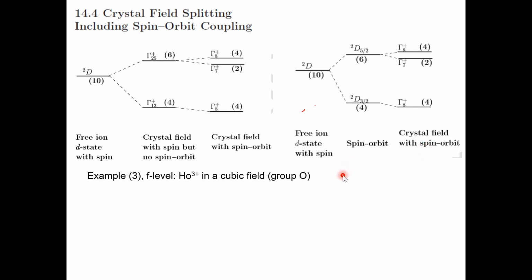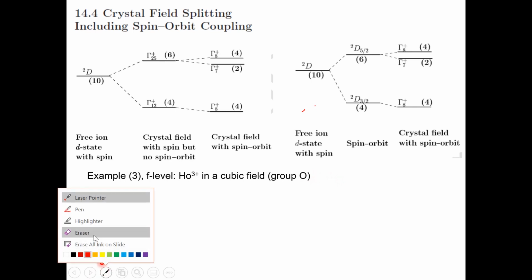But there are two different cases corresponding to the two possibilities. In one case, the total angular momentum J is integer, and in the other possible case, the total angular momentum J is half integer.